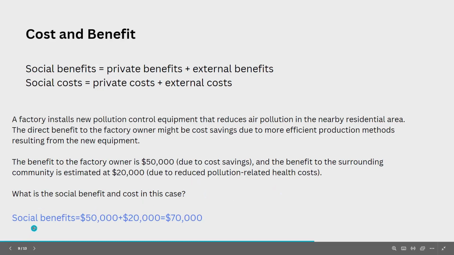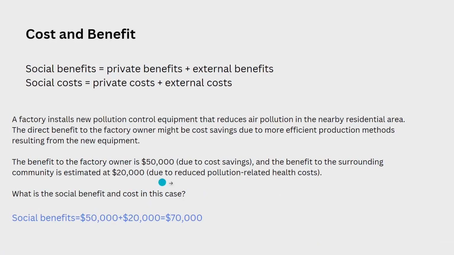So the social benefit in this case is 50,000, which is the private benefit to the factory owner, and then the 20,000, which is the reduced pollution related health cost, which is the external benefit. Private benefit is the benefit to oneself because it's installed by the factory, and the 50,000 advantage is to the owner of the factory.